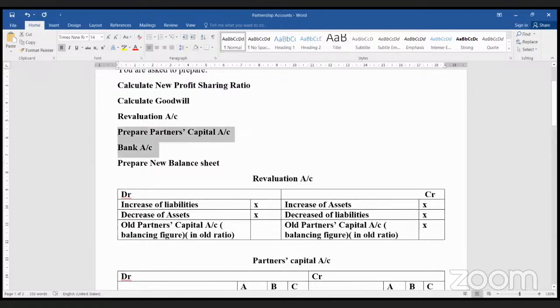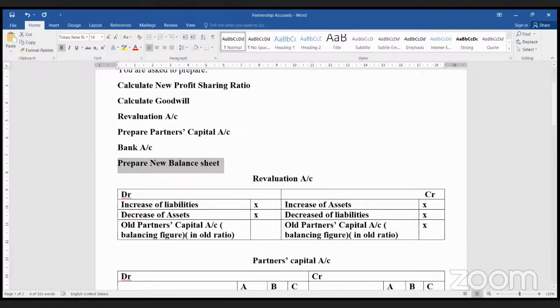After that, the bank account, because the new partner is coming and bringing his capital and goodwill, so our bank balance will change. Finally, we prepare the new balance sheet with the new capital balances of the partners and with the changed values of the assets and liabilities.